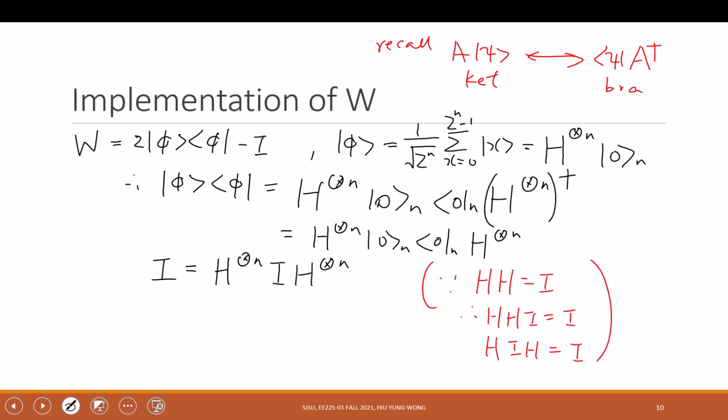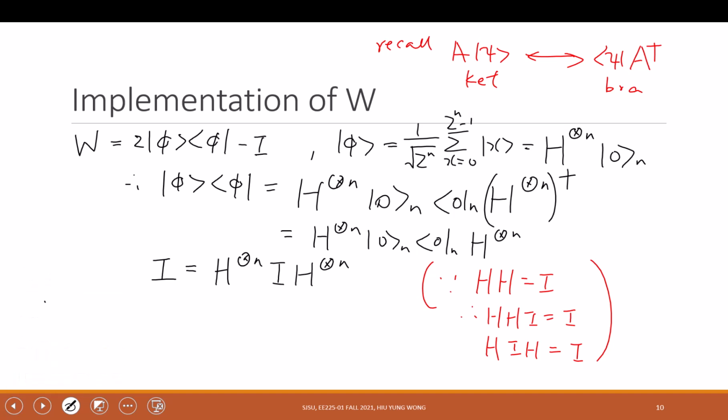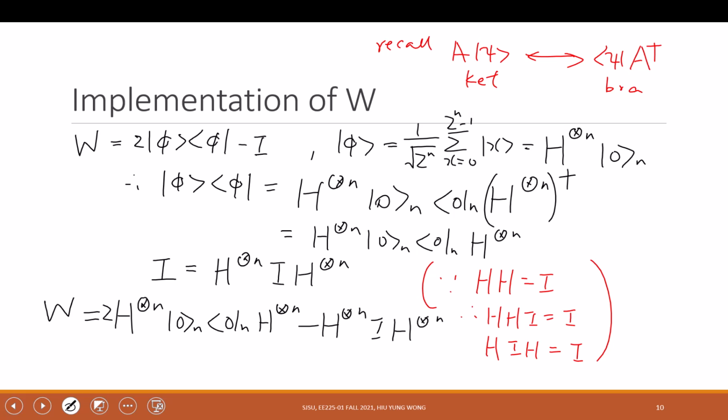Right? Okay? So because of this, now I can rewrite this W equals to H 2 H, this 0, 0, H, this minus H, I, H, H, right?